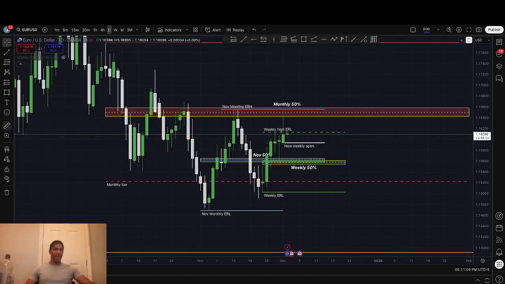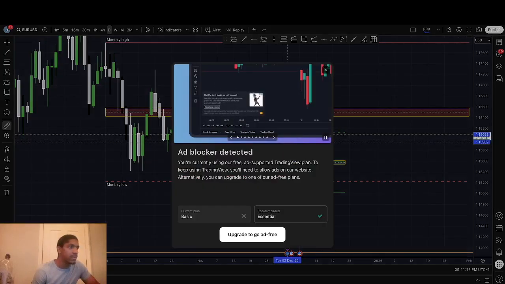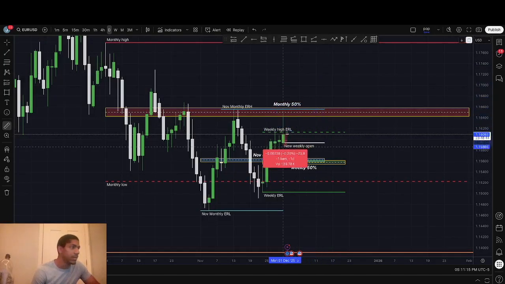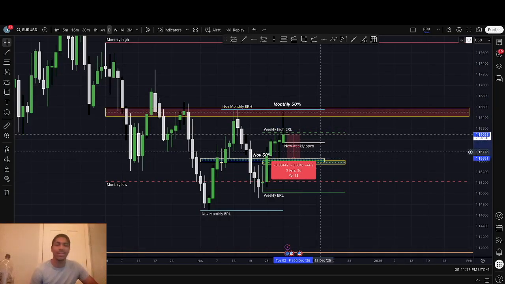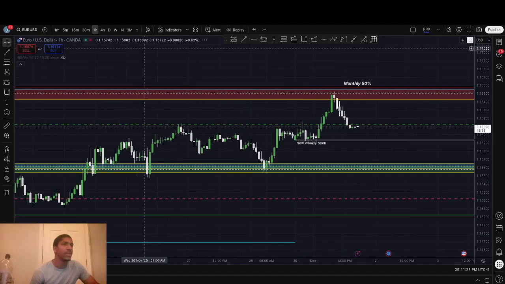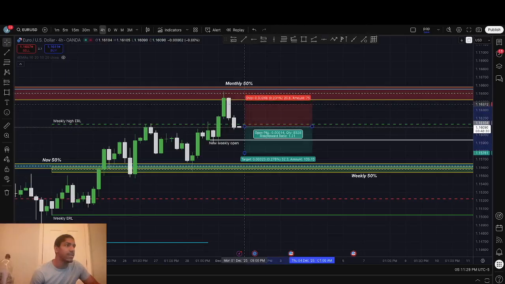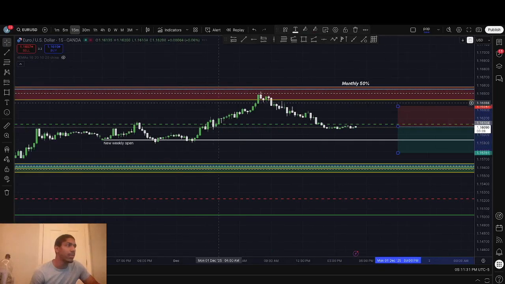So you can catch a nice, even just trading right here, 44 points, 44 pips. Like, come on, even from right here, you could catch a trade. Find a minor low in here somewhere.